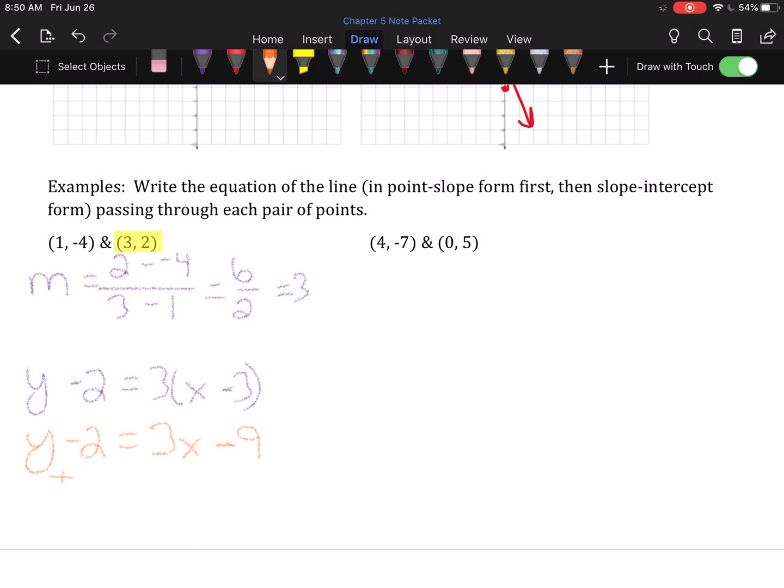And we will then add this 2 to both sides to get y equals 3x minus 7. And there's your slope-intercept form. If you were to use the other ordered pair, you should still get y equals 3x minus 7 for slope-intercept form.